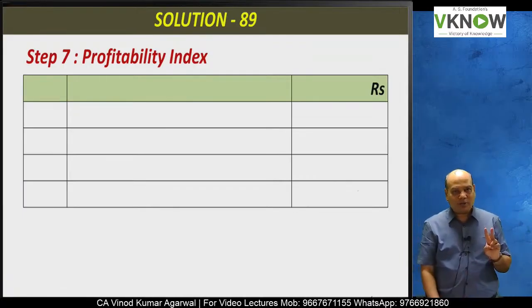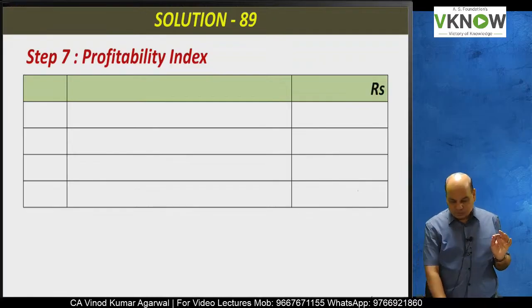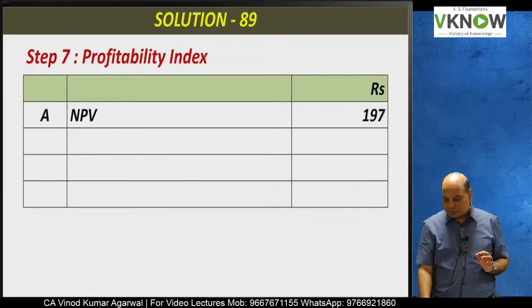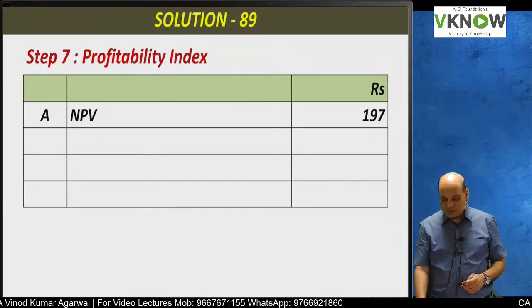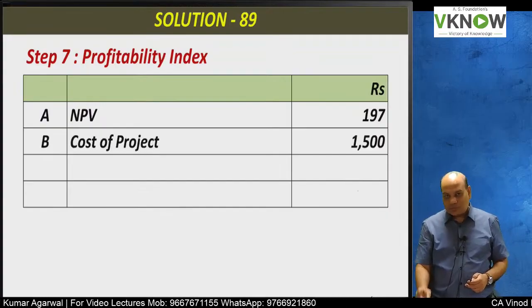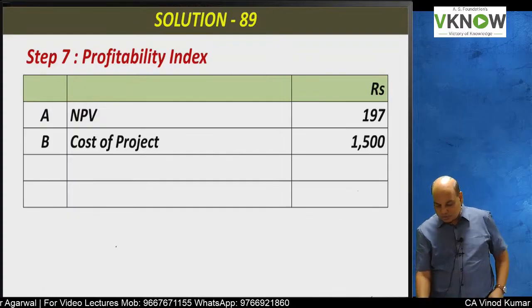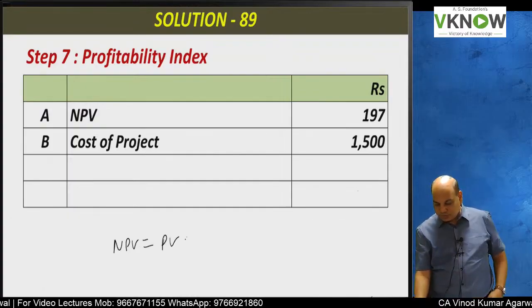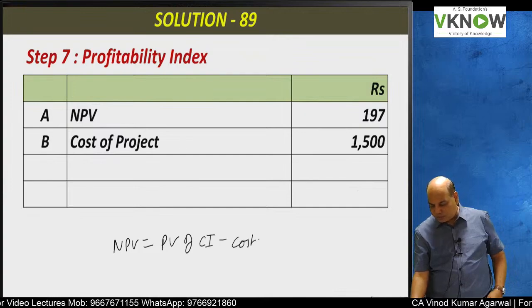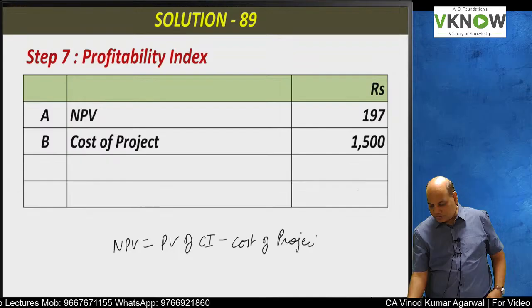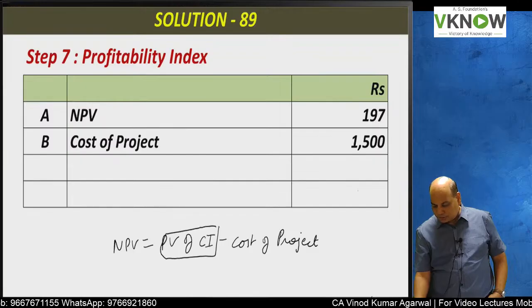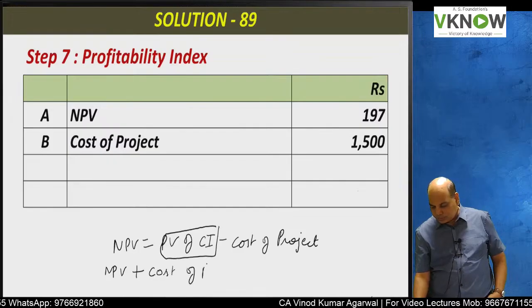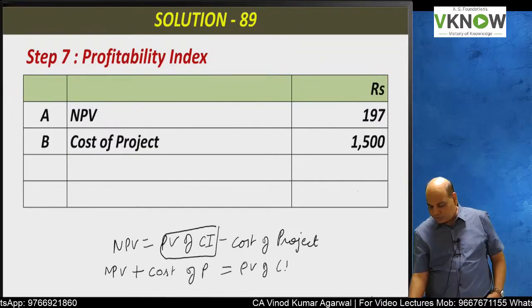So I require two variables, PV of cash inflow. For that we need to write down first NPV 197. NPV is 197 and cost of the project is 1500. What is the formula for NPV? PV of cash inflow minus cost of project. That is something which is so basic. So if I want PV of cash inflow, NPV plus cost of project will be PV of cash inflow.